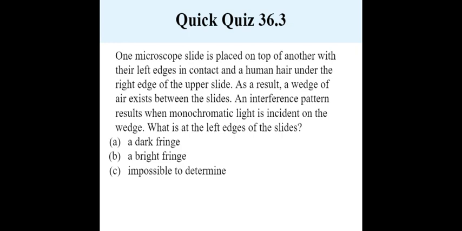So basically, the path difference between the 2 rays is just non-existent. So the only thing that sets them apart is when one's out of phase with the other. So they will arrive at any point, and they'll be out of phase. So you would see a dark fringe since they would start to cancel each other out.